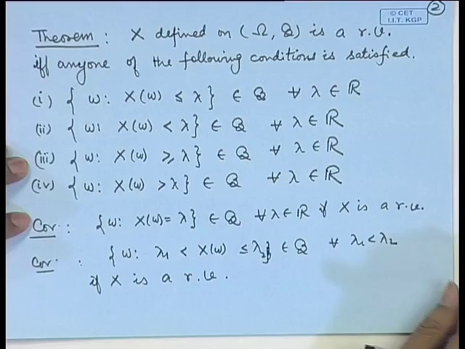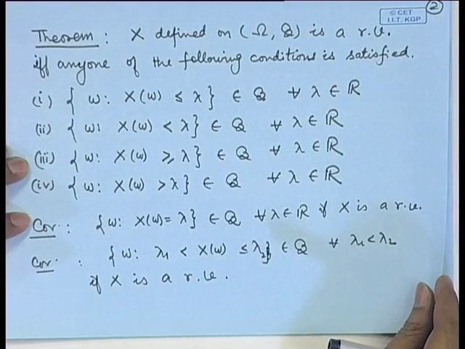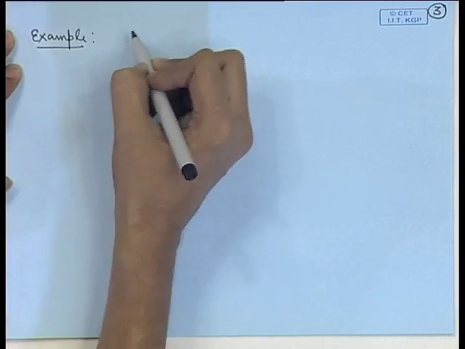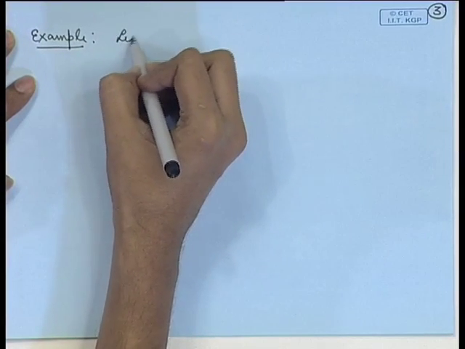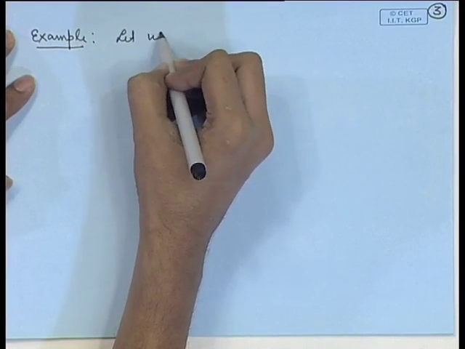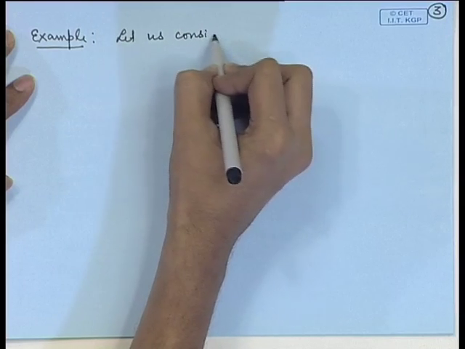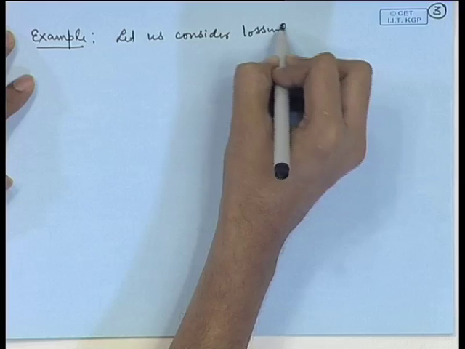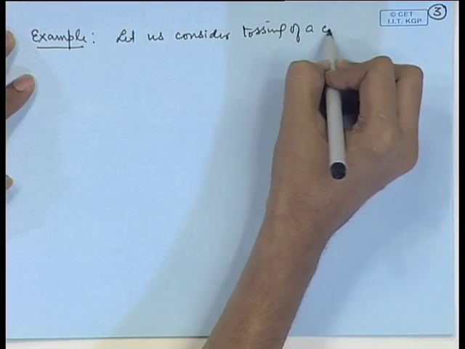Let me just give an example here to show how you check the condition of measurability. Let us consider the random experiment of tossing of a coin.